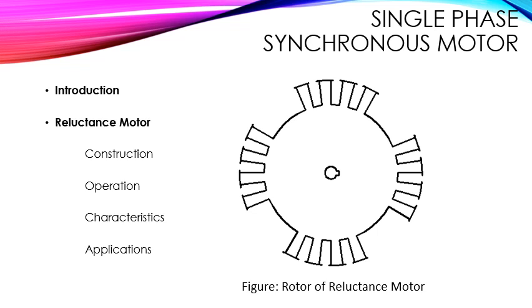How the movement occurs in this motor depends on the low reluctance path. So whatever force is exerted upon the ferromagnetic material tends to bring it into the position of the densest portion of the field. Whenever a piece of material is placed in a magnetic field, the force tends to align that piece of material to a low reluctance path.